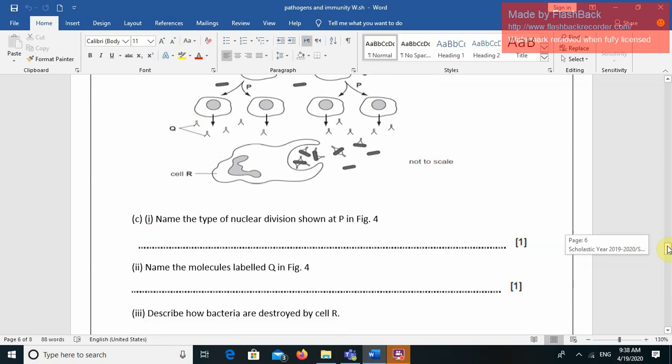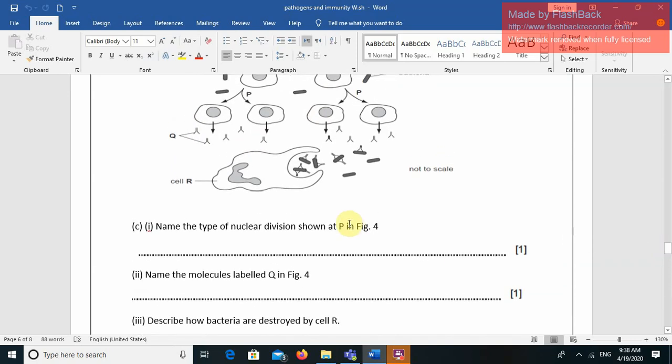Describe how bacteria are destroyed by cell R. Here we have phagocytosis. These are phagocytes. Now, how do phagocytes work? First of all, the antibodies clump to the pathogen.